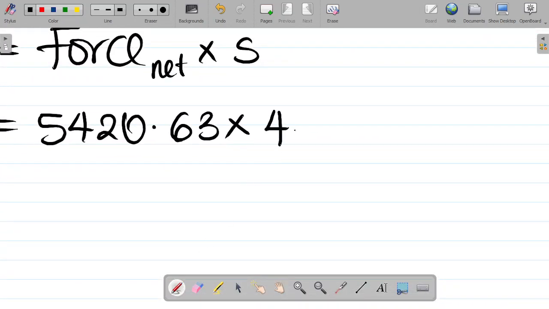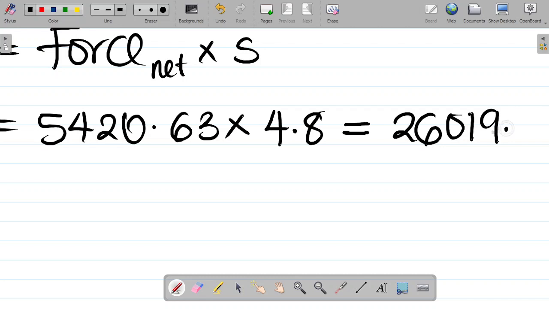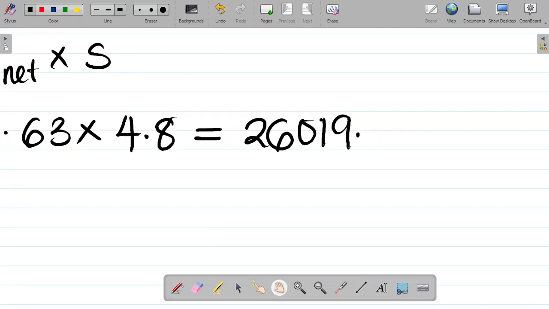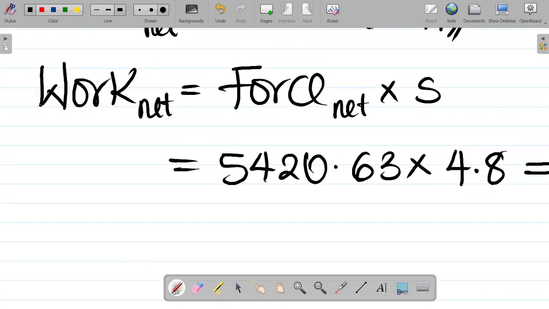So this times 4.8. Let's get this value here: 5420.63 times 4.8. That would give you approximately 26,019.02. This is work done, in joules. This becomes the value of the net work. Let's call this work net. This is the net work done.